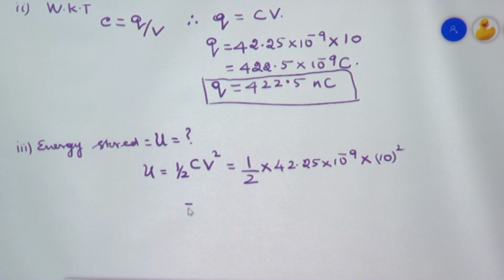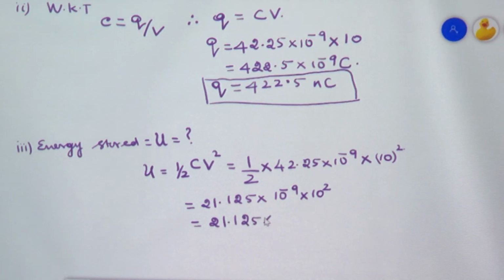So on simplifying, when you are dividing this, you will be able to get 1.125 multiplied with 10 power minus 9 into 100, or 10 power 2. So I can write it out as 21.125 into 10 power minus 7 joule, because energy. I can simplify this also like this.